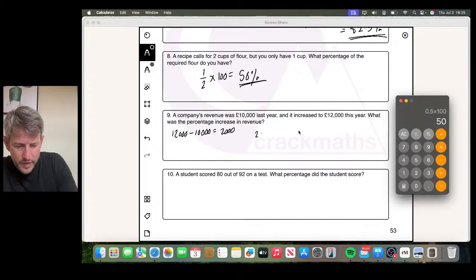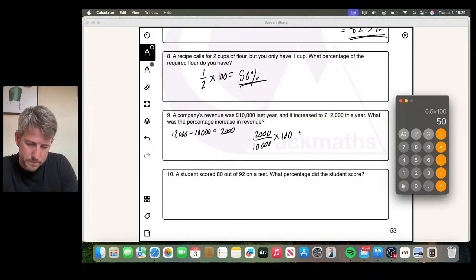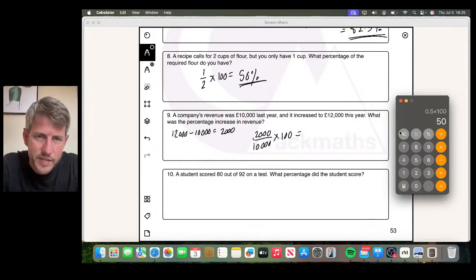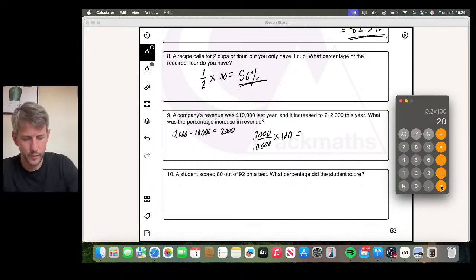Okay, and so we've got an increase of 2,000 out of a potential 10,000, and then we times that by 100, and that will give us the percentage increase. So that gives us 2,000 divided by 10,000, and that equals 0.2. And then we times that by 100, that will equal 20%.